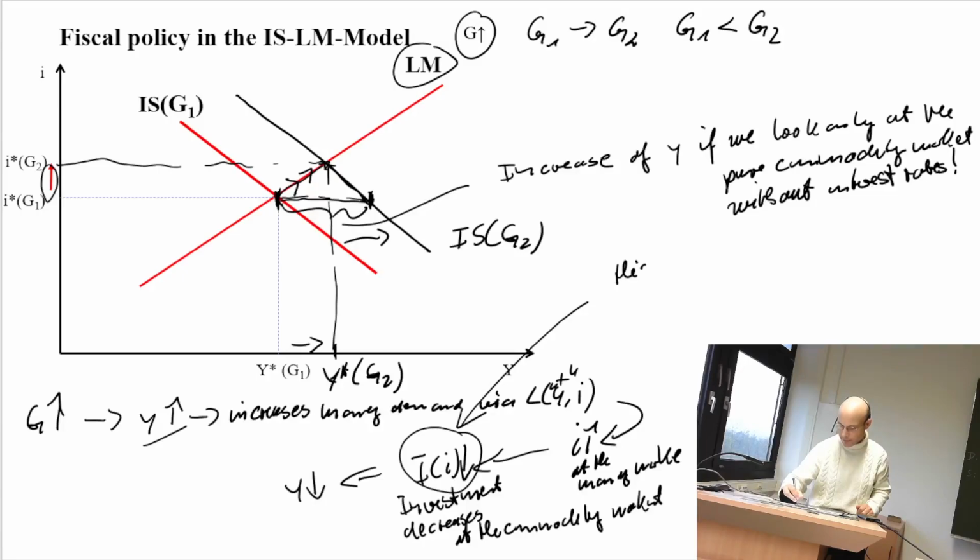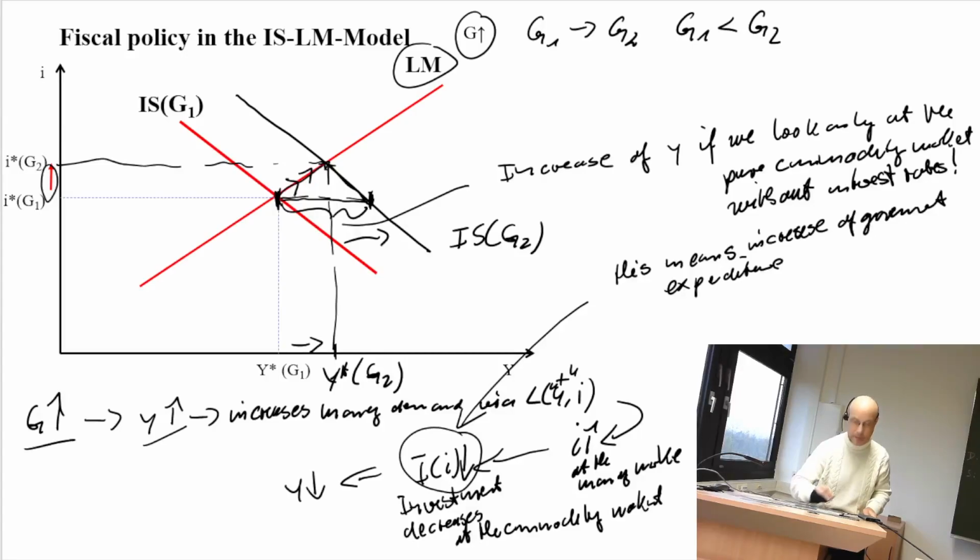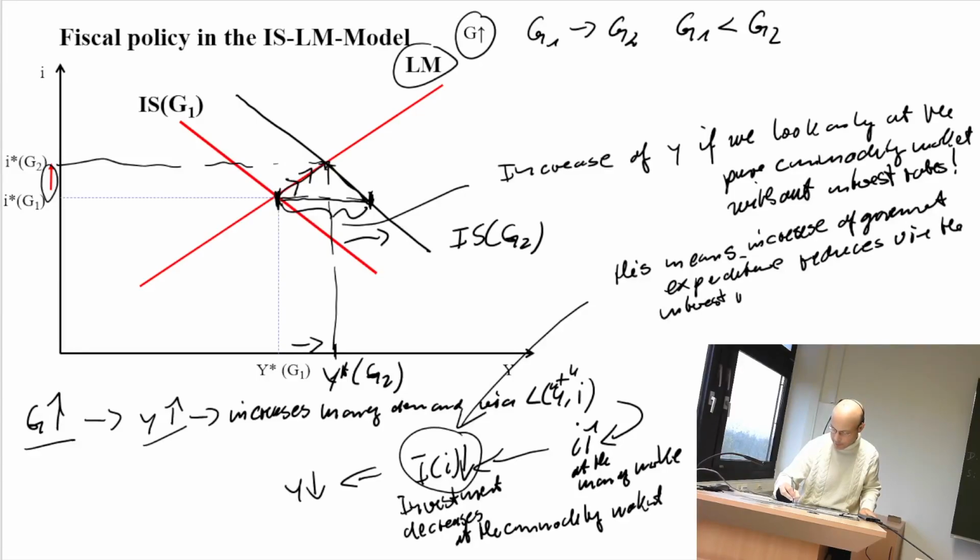And therefore this means an increase of government expenditure reduces, via the interest rate effect, private investment.